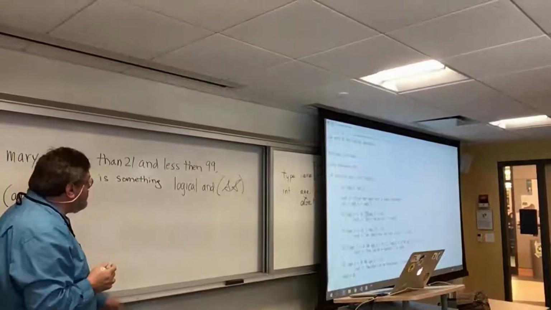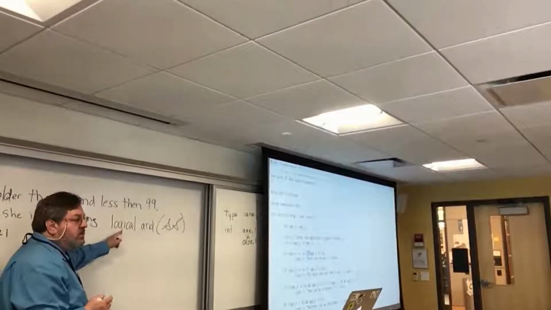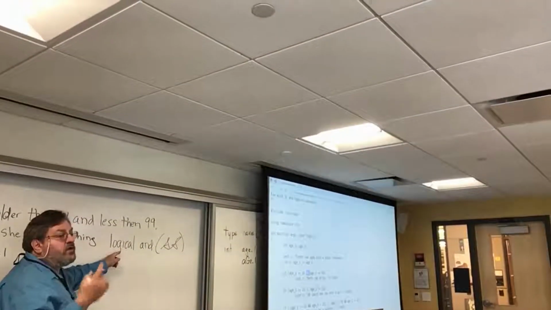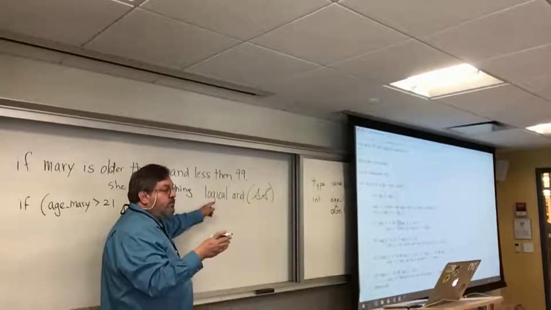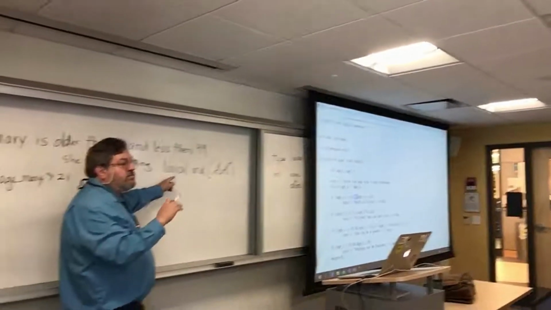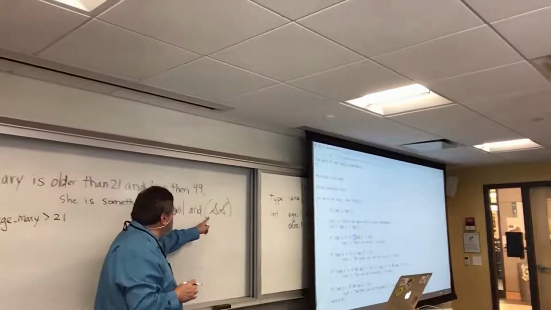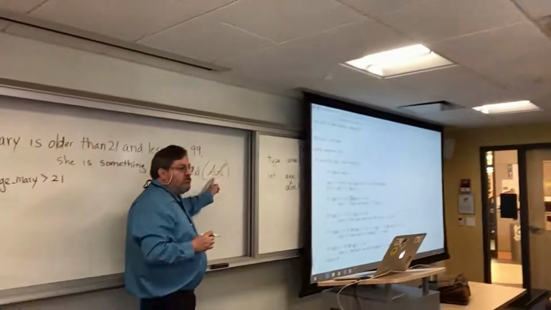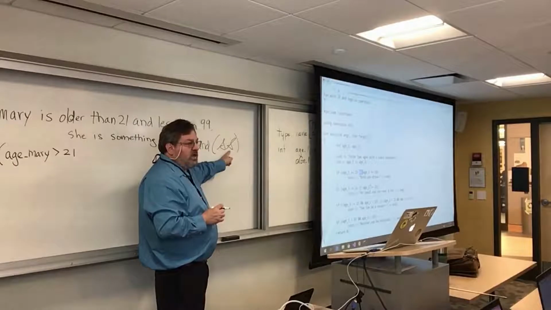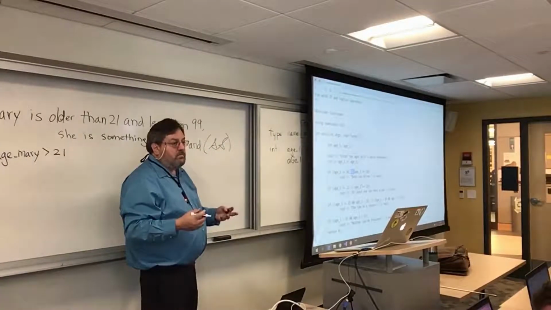I did use the word logical on purpose because there is another kind of and in the language that works on bits, and we're not using that right now. If you see 2 ampersands in a row, that's a logical and. It's working with true, false.